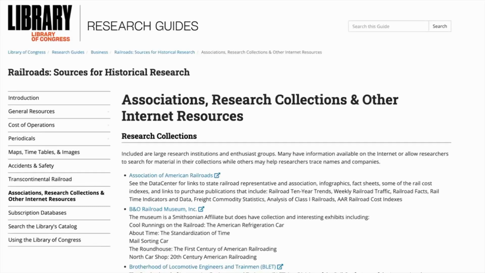Its object is to preserve virtually everything, so almost everything else ends up in the National Archives. But here you can see that these are online resources listed by the Library of Congress that are not necessarily anything to do with the National Archives. So this is a long list of research collections about railroads.